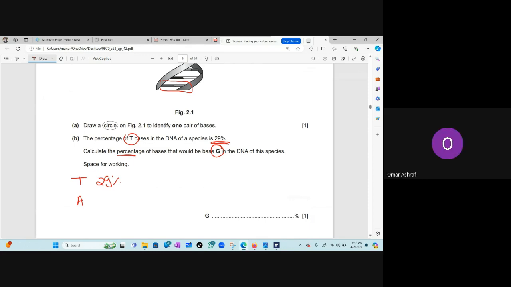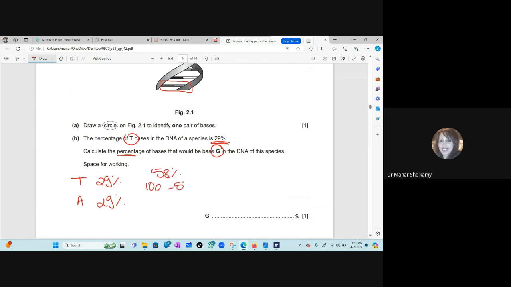A and T will be the same percentage. So if T is 29, A is 29 also. What is the total of A and T? This is 29 plus 29, 58%.